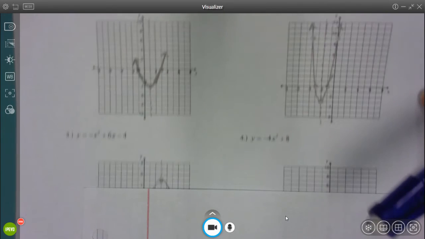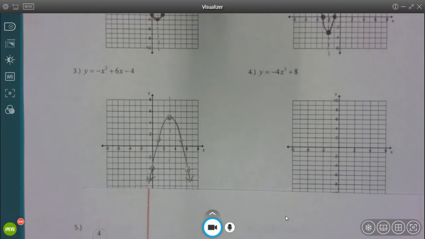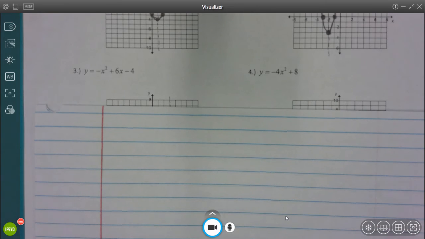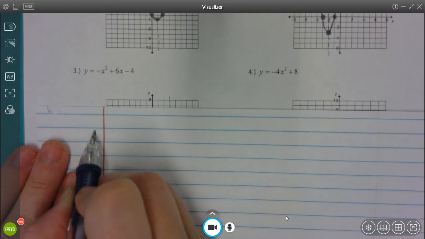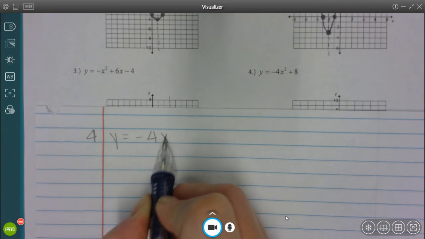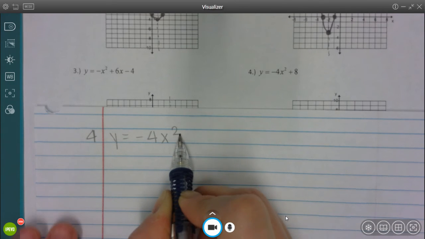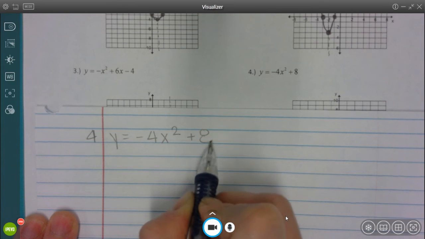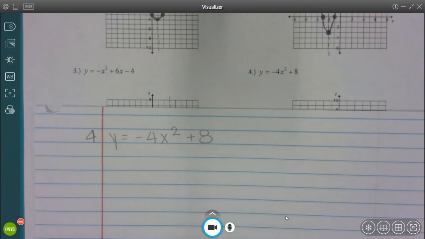All right, and the next one we'll do is number 4. Now, I like number 4 because it's trying to trick you. So my a value is negative 4.